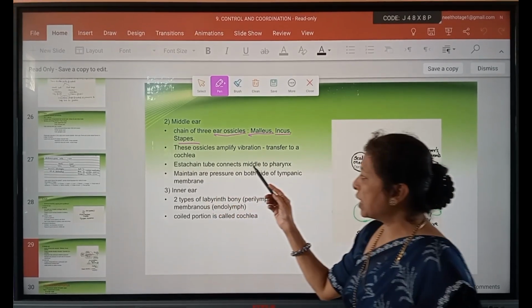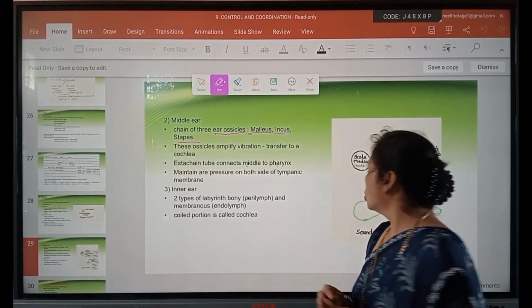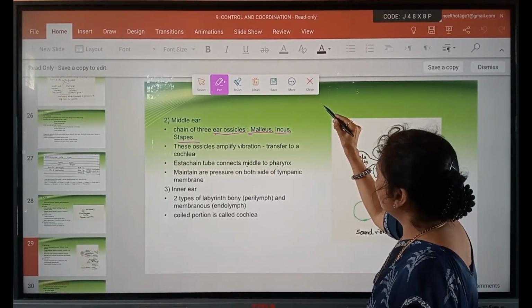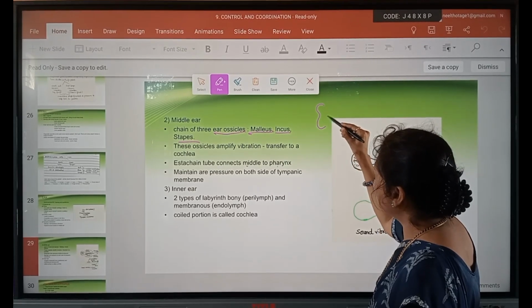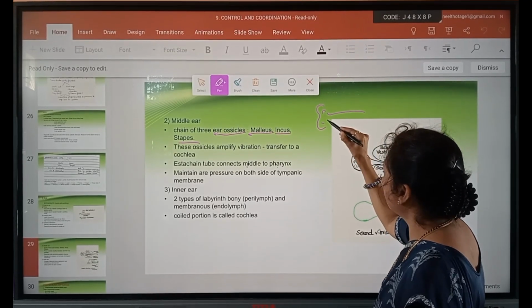Now, the eustachian tube connects the middle ear to the pharynx. As I told you, this is the pinna. Then there is the auditory canal.